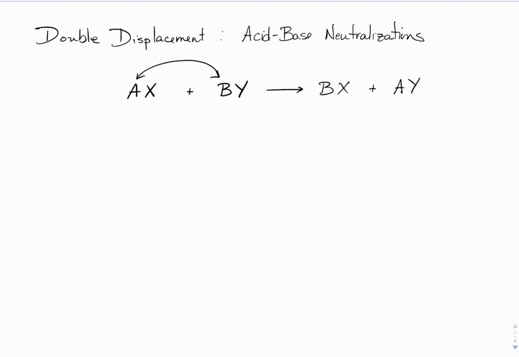It turns out that these are called acid-base neutralizations because the only compounds that can be our first compound are strong acids, and the only kinds of compounds that can be the second one are strong bases. And what is the definition of a strong acid and a strong base?